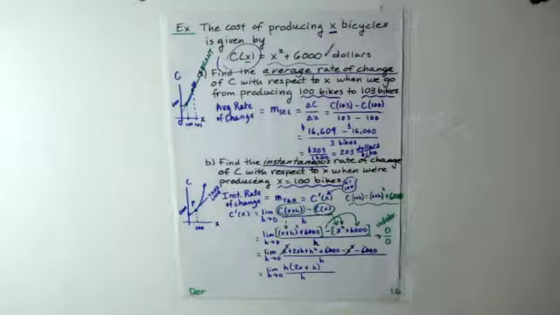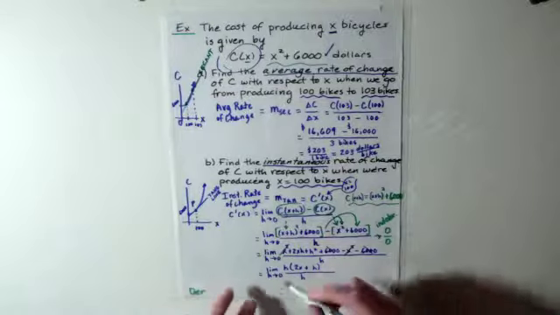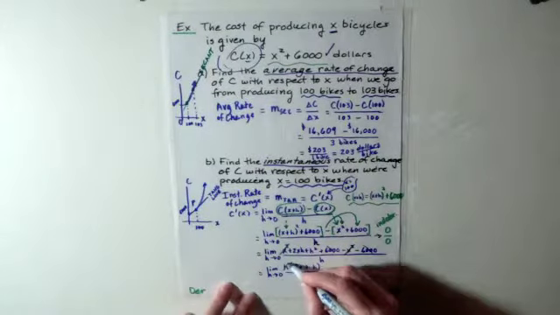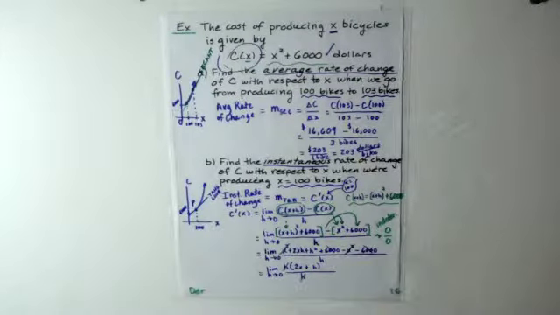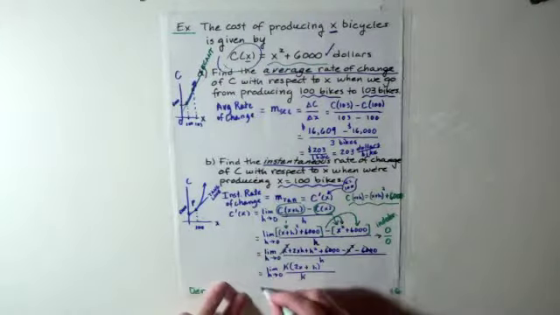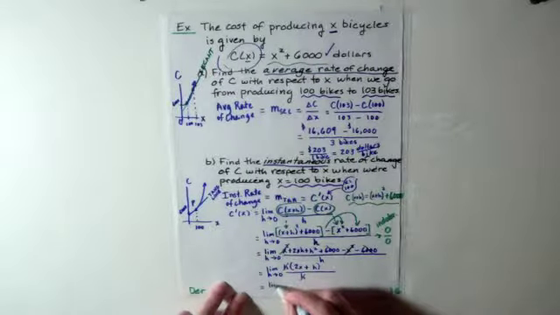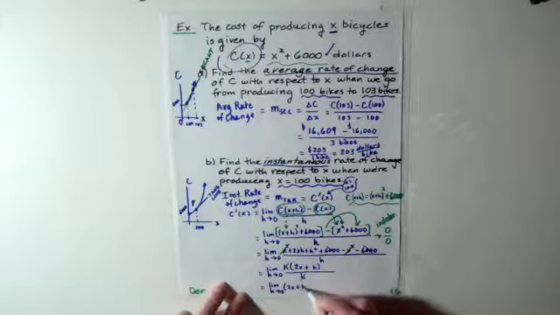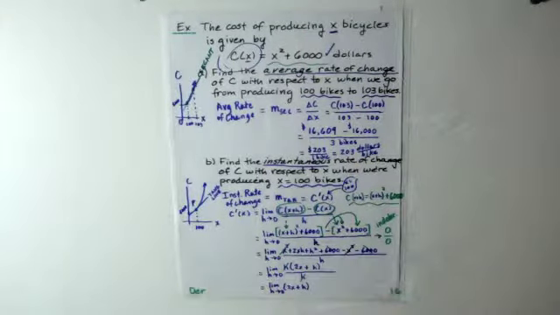Well, what can I do now to simplify? I have a factor of h in the numerator, a factor of h in the denominator. H over h is just 1 in a special form, so I get to cancel those out, and I am left with the limit as h approaches 0 of 2x plus h. This is a polynomial in h.